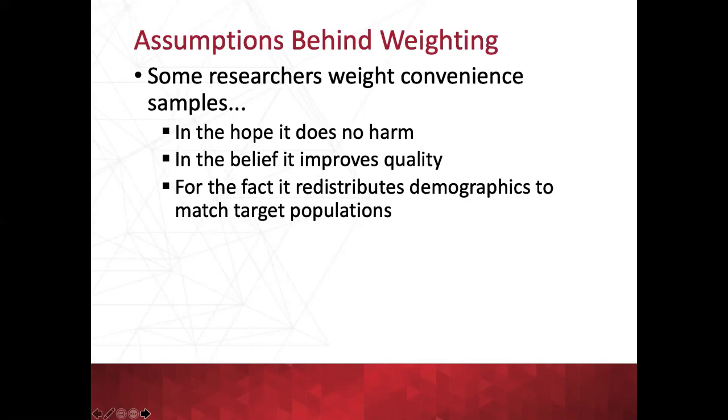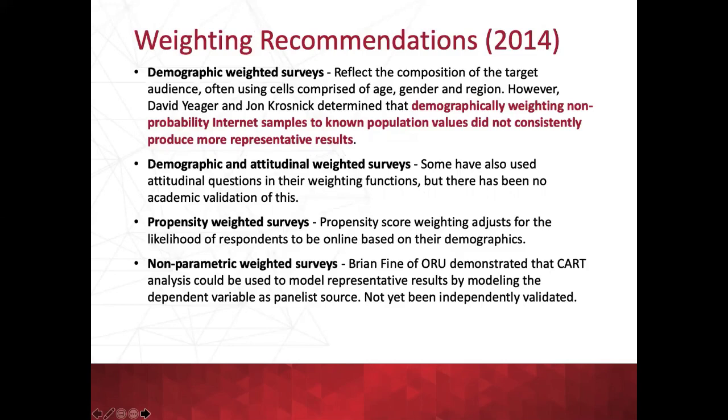But now we've seen with Pew Research and others that there had been early research on this in the hope it does no harm. And John Krosnick had found early on that, in fact, that wasn't true.